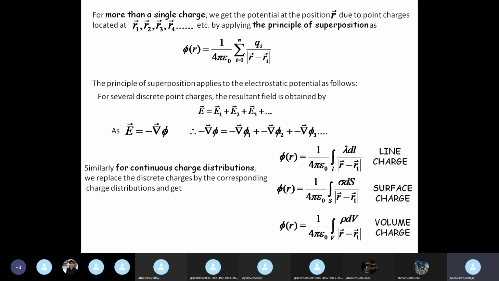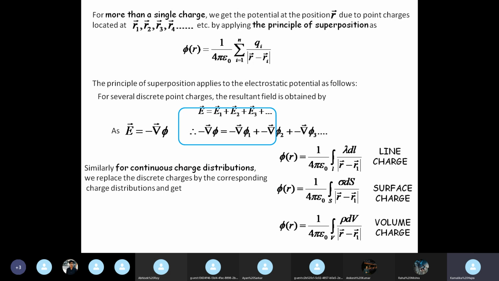So if you are given a single discrete charge, then just q by 4 pi epsilon naught r. Several charges, then summation of qi by 4 pi epsilon naught ri. And if you are given charge distributions, then you replace the summation by integration and the single charges by the charge distributions, and you can get the electrostatic potential.